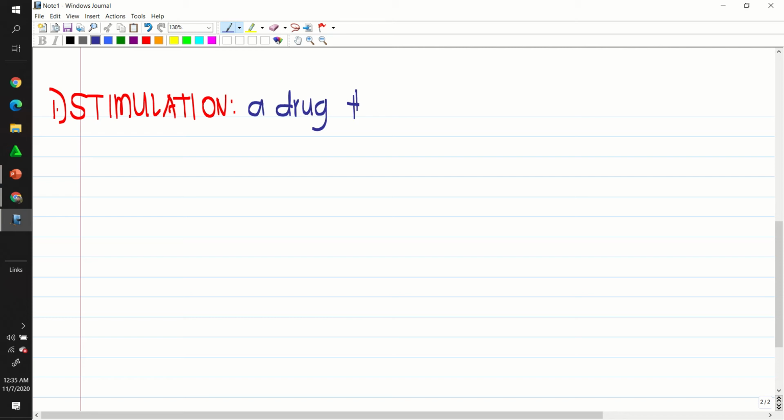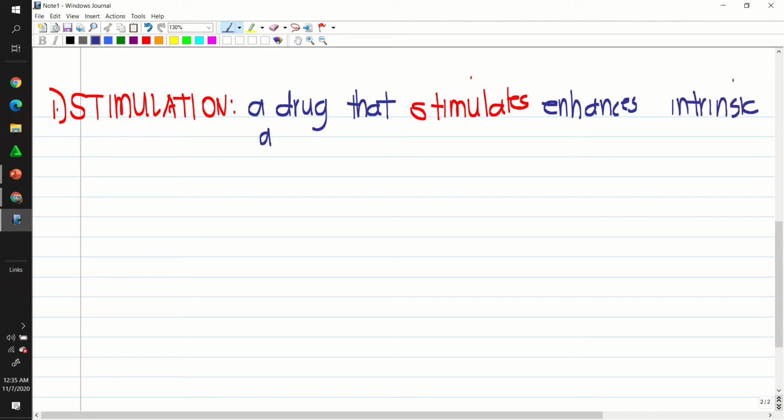So the drug that stimulates or enhances a particular intrinsic activity. This drug selectively enhances the level of activity of specialized cells. So this is the process of stimulation of your cells.